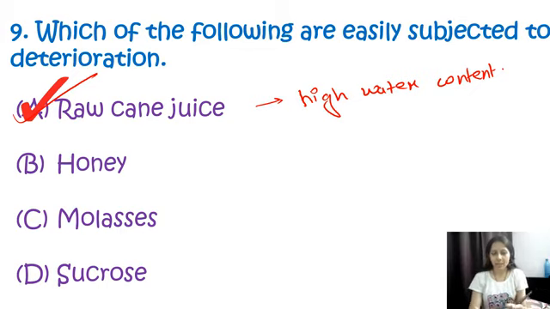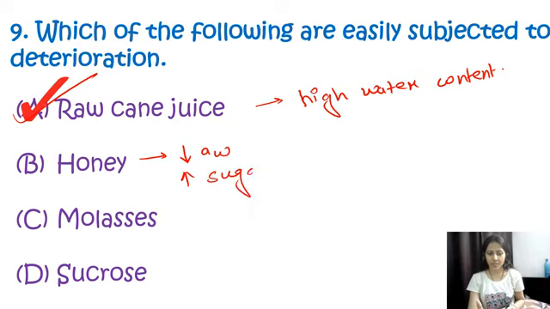Whereas honey actually has very low water activity and high sugar concentration, which creates an inhospitable environment for most microorganisms, since it is naturally preserved and can remain stable for a long period of time.